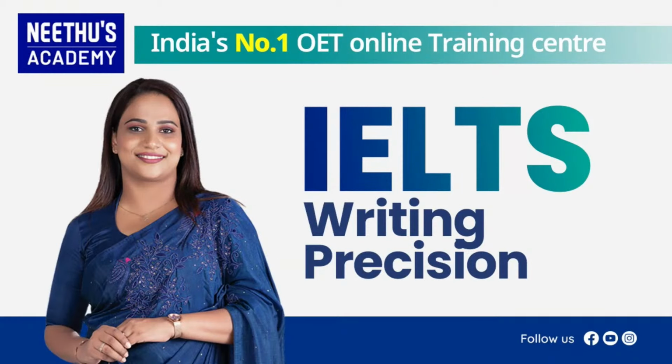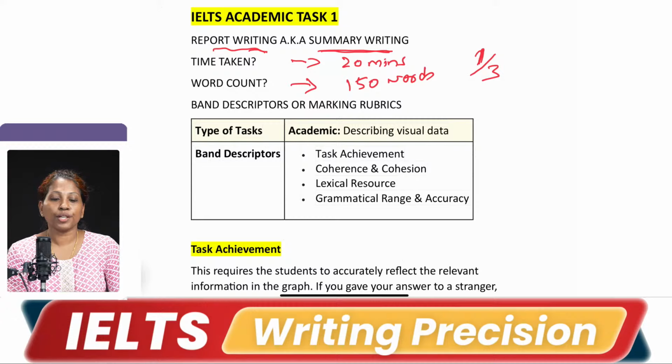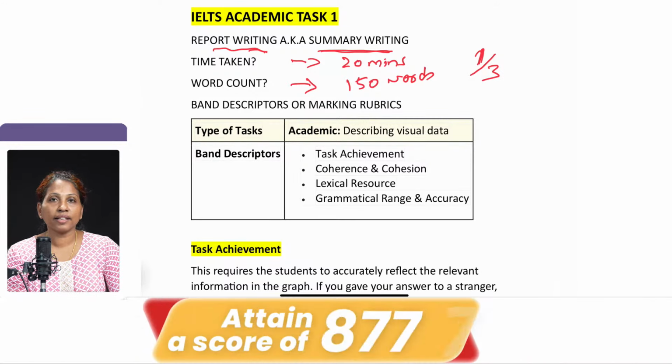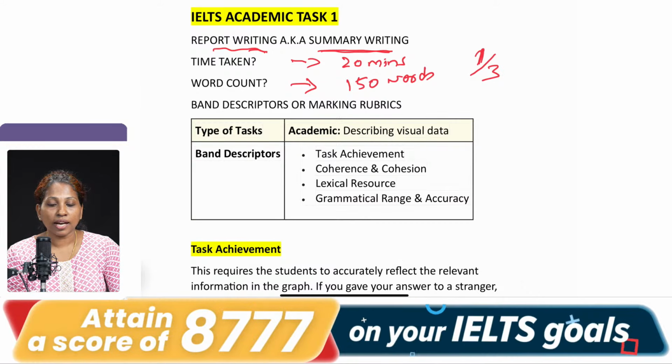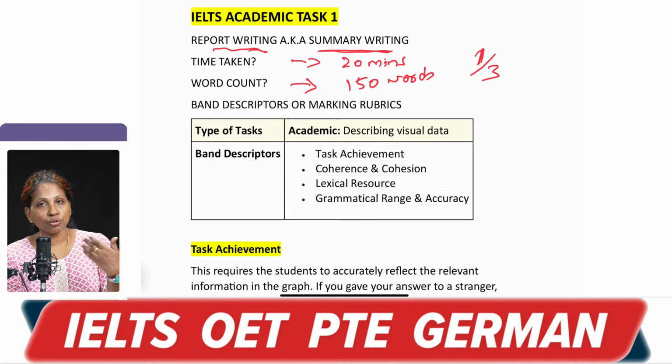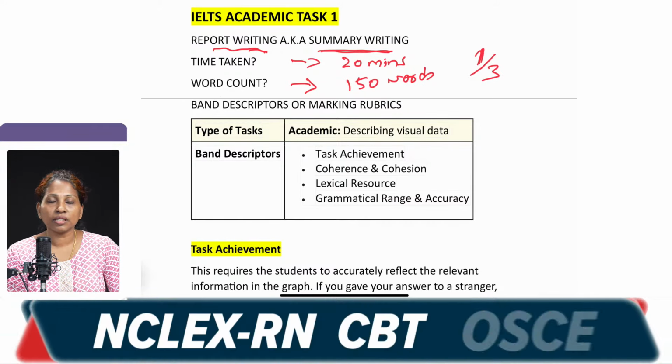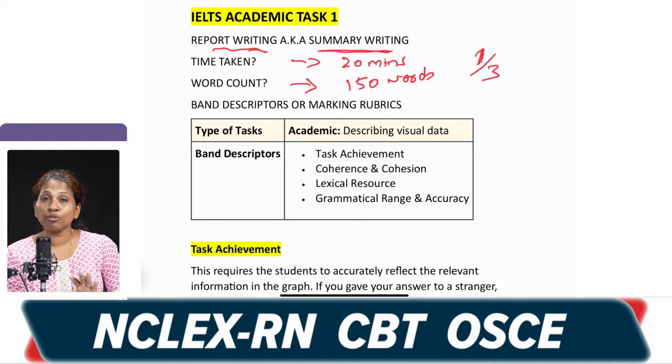Okay, now how are these band descriptors calculated, on what basis? What are the rubrics, right? So like task 2, task 1 also has got 4 band descriptors.